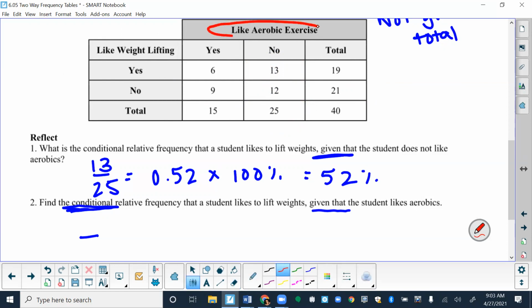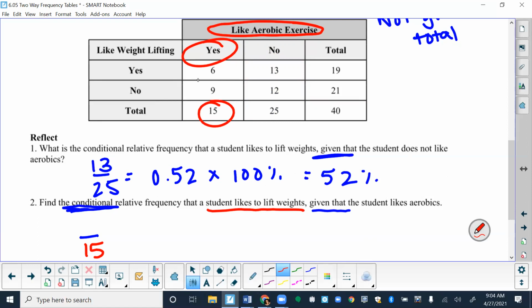So like aerobics is this area. Yes would be that they like it. There's 15 total students that like aerobics, so that will go on the bottom. What goes on the top? Good, because it's students that like to lift weights out of the students that also like aerobics.